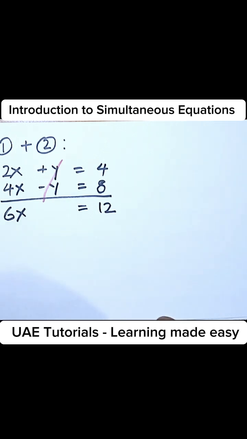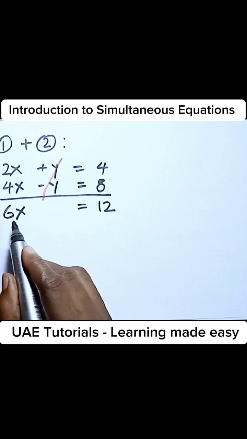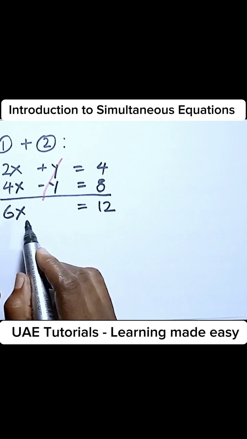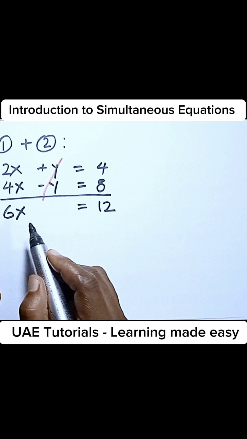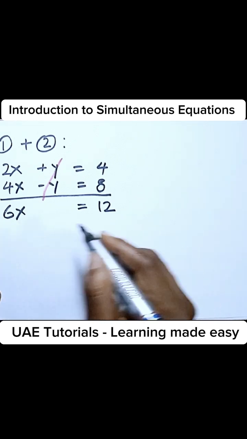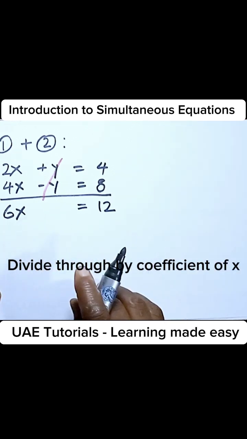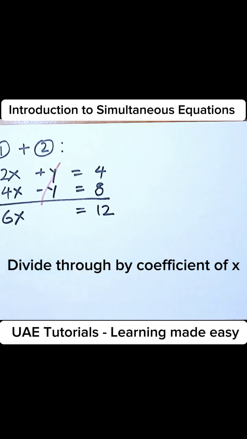The next operation I want to perform: we now have a coefficient attached to x. So we are going to remove that coefficient attached to x, and I will say divide through by the coefficient of x.